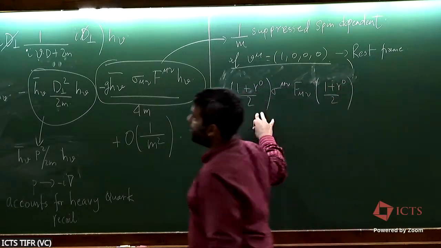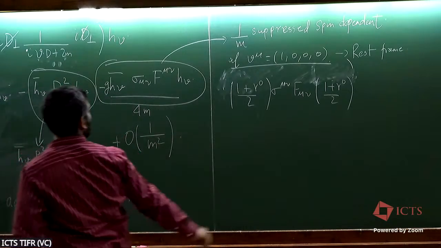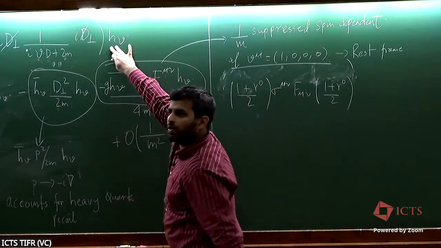So this 1 plus gamma 0 is basically coming from this piece. The other 1 plus gamma 0 is coming from this piece. Okay?